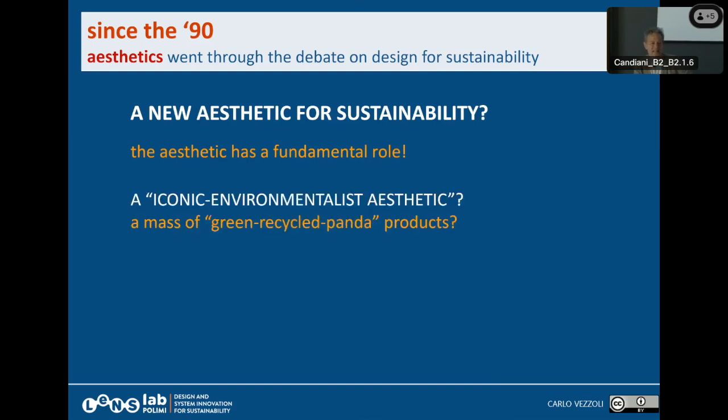But there is a risk. You may see around many times, we associate a color with sustainability. What is the color that is associated with sustainability? Green, isn't it? It's always green. Not at all. There are many colors.